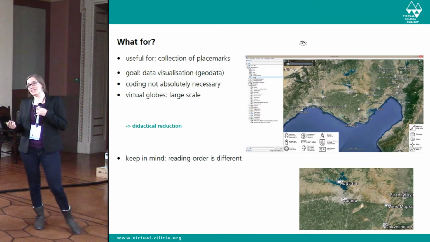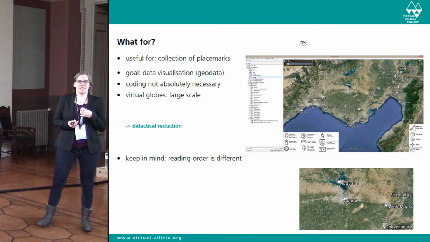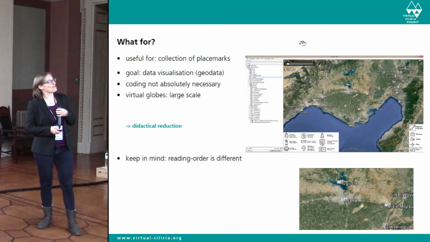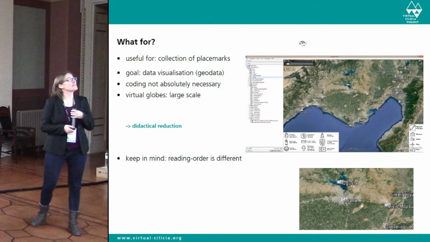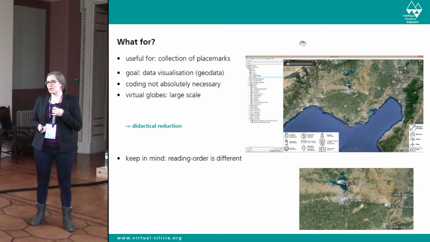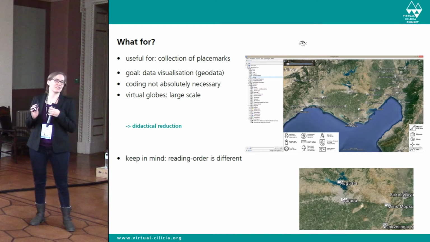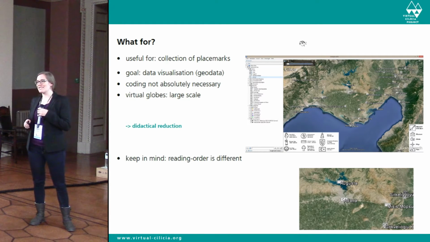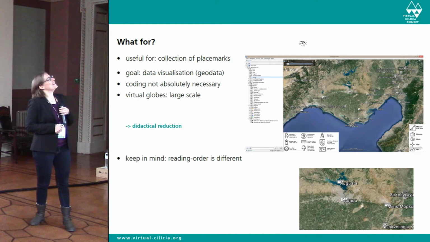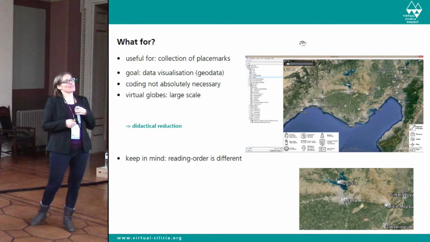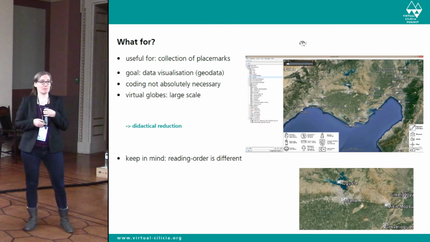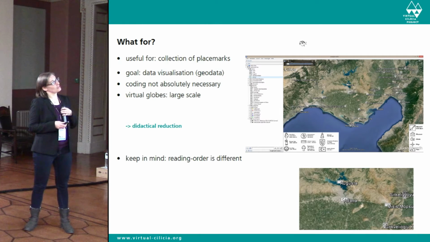So if your goal is the visualization of geodata, and in archaeology basically everything is geodata, then Google Earth is a good option, a fast option, and quite an easy option to do some visualization. Coding is not absolutely necessary, as I already mentioned. And virtual globes are useful for projects with a large scale.